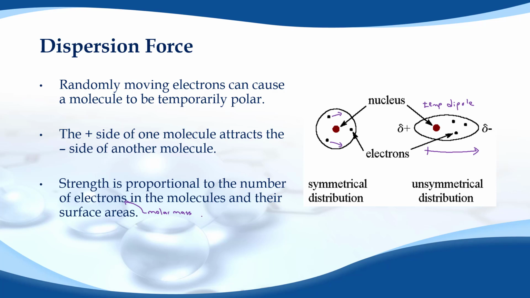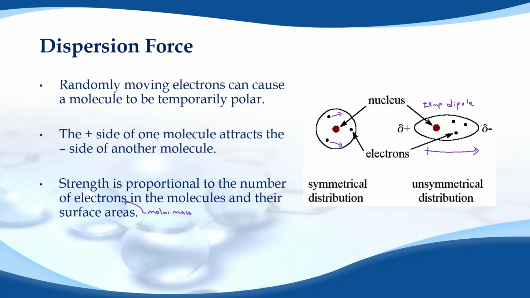And the reason why this force works the way that it does is, imagine I have a molecule, and temporarily the side closest to me is plus and the side furthest away from me is negative. Well, that can actually affect the molecule next to it. The negative side of the molecule closest to me can turn the other molecule's closest side positive so that they can attract. Think of it kind of like a domino.